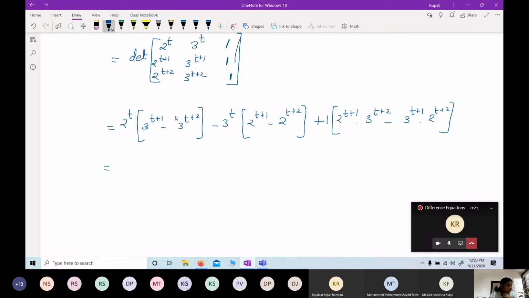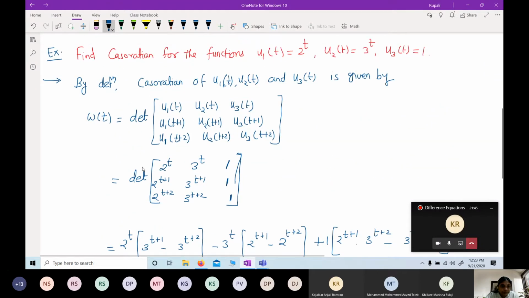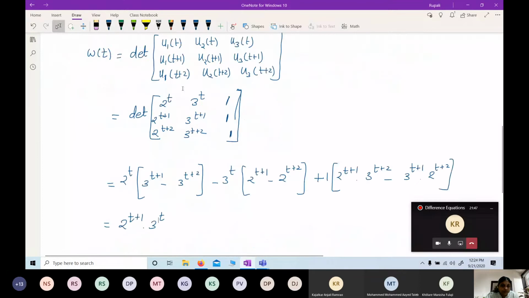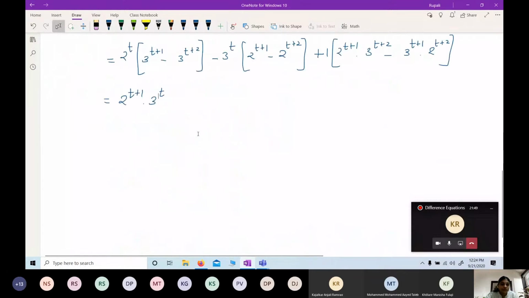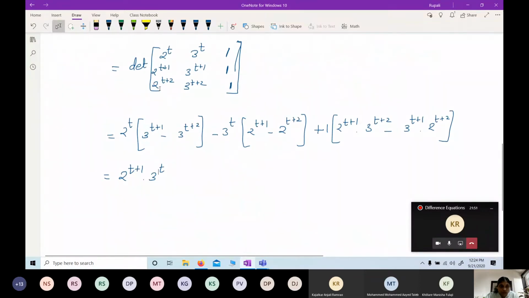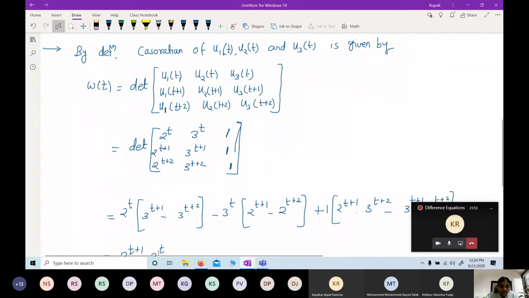I will just directly write it; you can check this at home. If you simplify, this will be 2^(t+1) times 3^t. Is that okay? This is my Casoratian, just the determinant of this matrix.